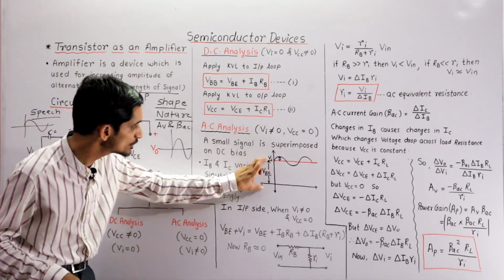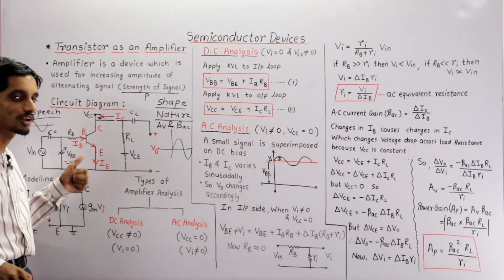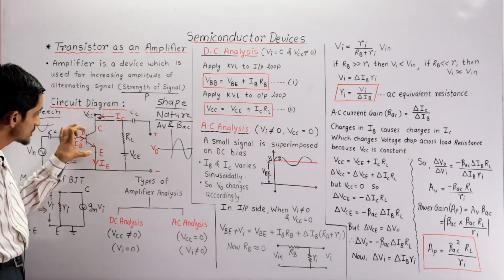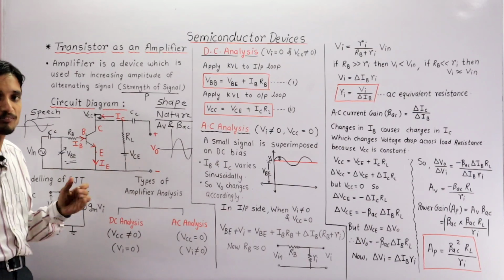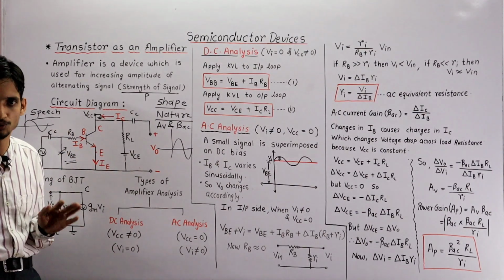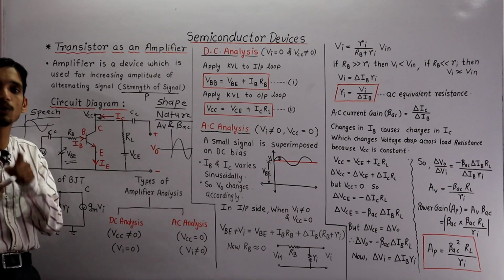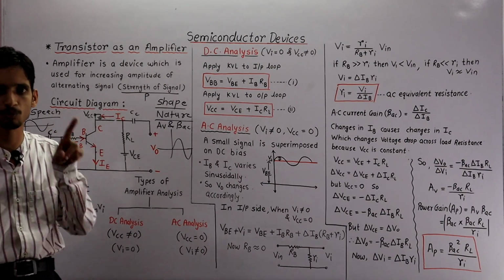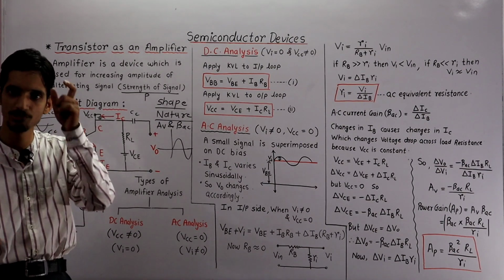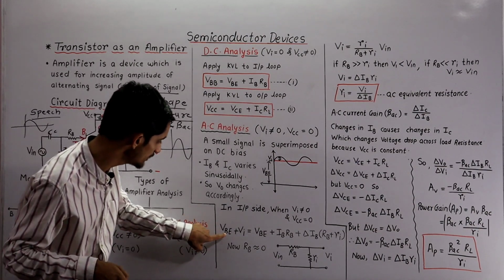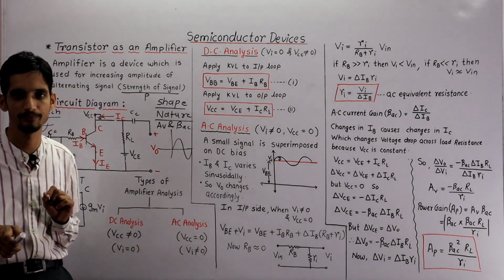If VBE is not present, then this transistor will not turn on, and then your amplification purpose will be destroyed. So you have to turn it on, and to make the transistor turn on, you have to apply 0.7, which is the VBE for silicon, which is DC. That's why this is VBE plus input Vi.